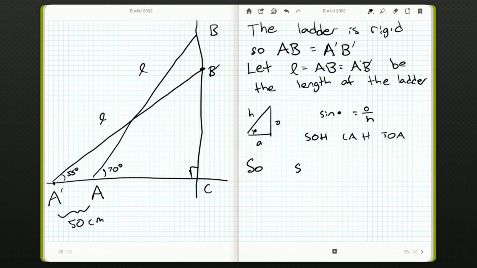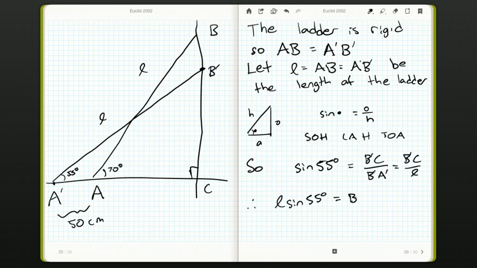So sine 55 degrees is going to be B prime C over B prime A prime, which is B prime C over L. So L sine 55 degrees is B prime C. Similarly, L times sine of 70 degrees is BC.